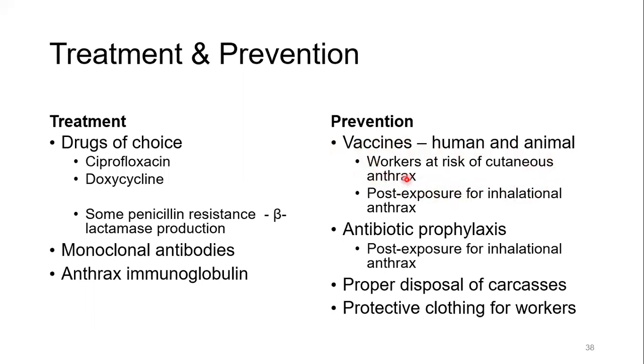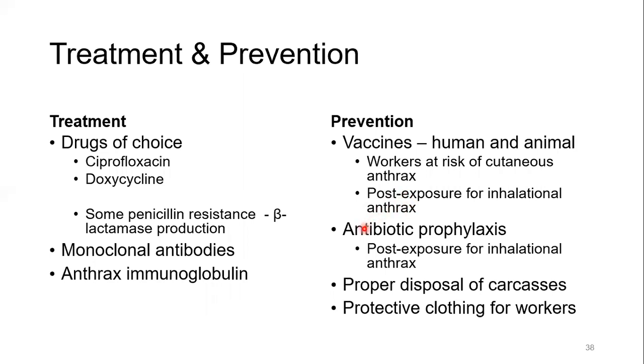Whether they get it here or not, I'm not sure. And those also at risk of exposure to inhalational anthrax, so people dealing with carcasses or hides and wool, should also get vaccinated.